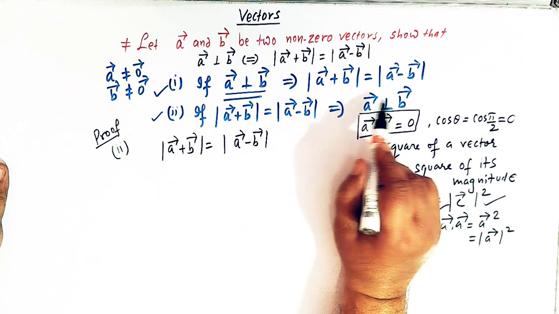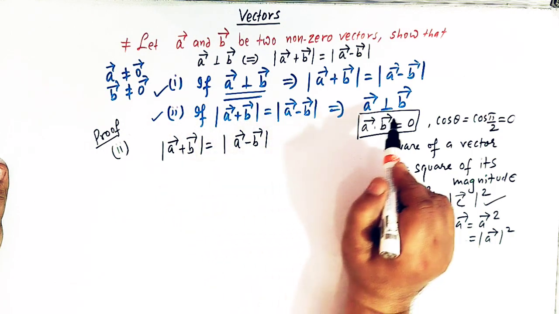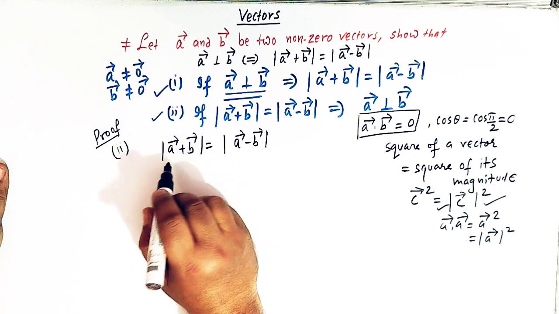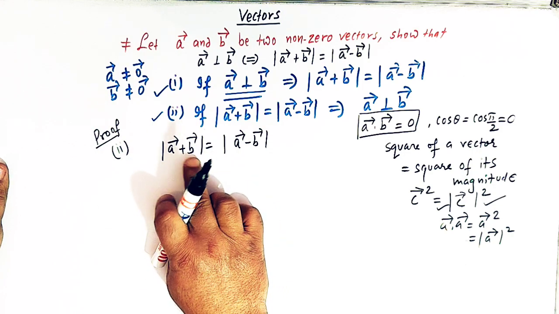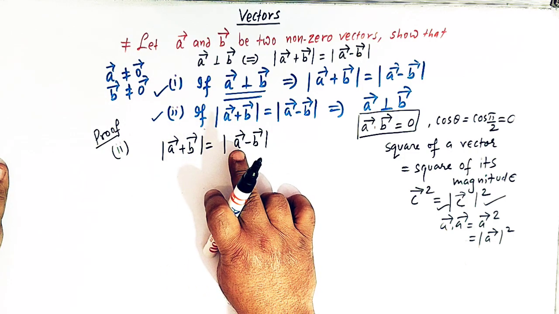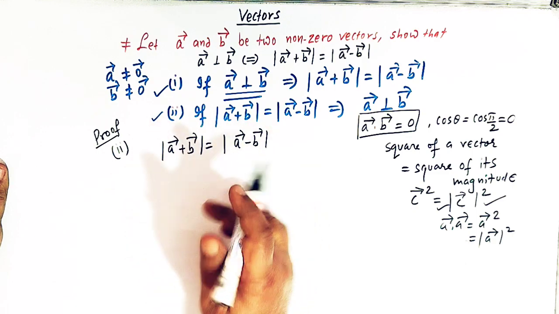It means the angle between them is 90 degrees, right? So we have to prove that the two vectors are orthogonal to each other. So let us start with this expression. So here magnitude of a plus b is equal to magnitude of a minus b. So let us take the square of both sides.